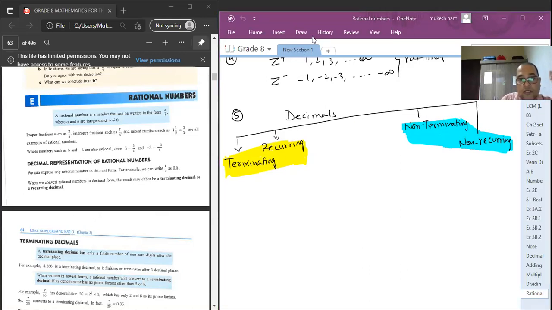So this portion will be explained through examples.